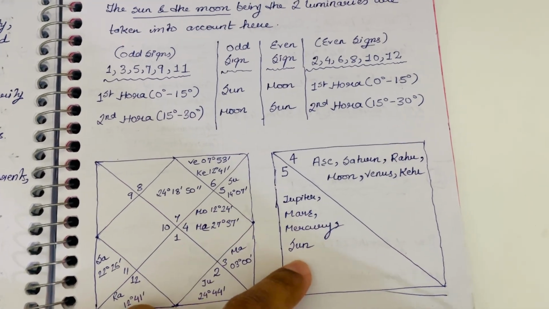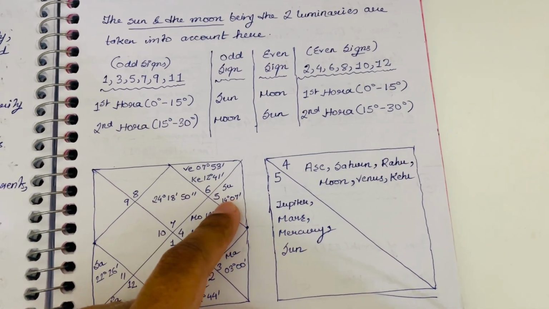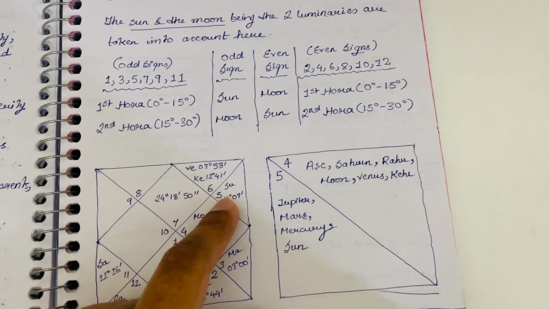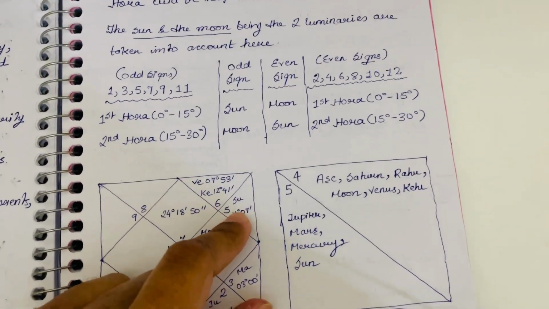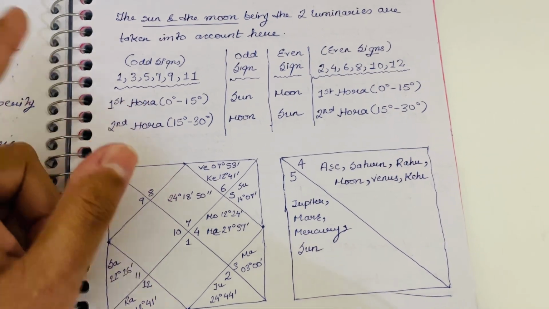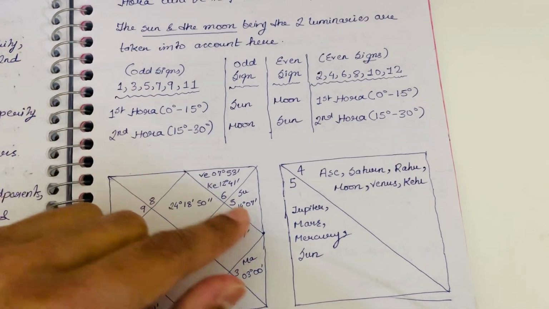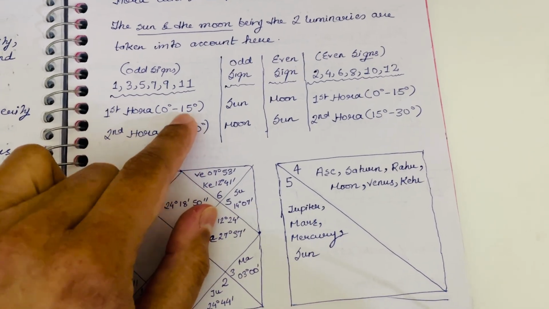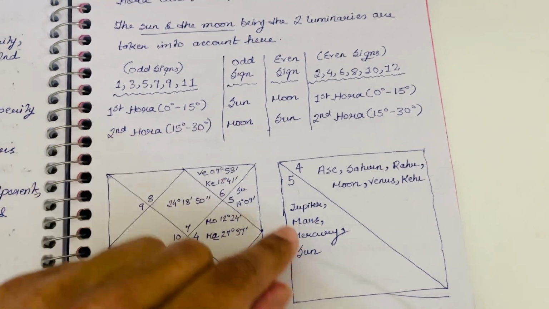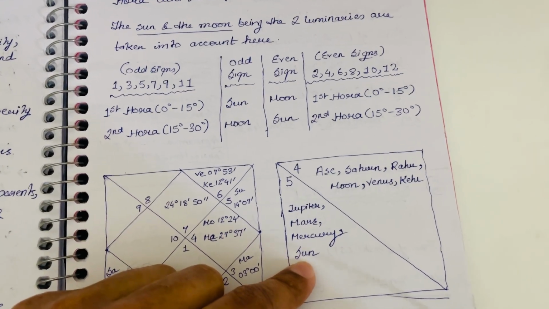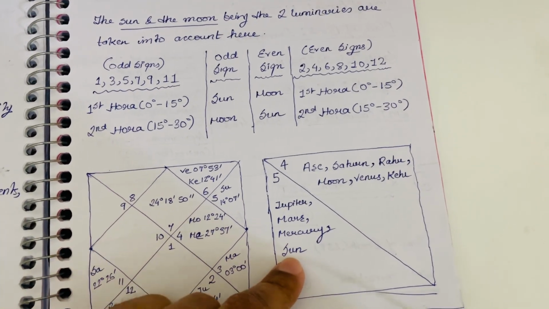Okay. Then comes Sun. Sun is in the sign of Leo. So Sun is placed in its own sign Leo in the D1 chart. So here, just see over here, Sun in the odd sign 14 degree 07 minutes is falling in the first Hora ruled by Sun. So Sun is again getting placed in its own sign in the Hora chart.